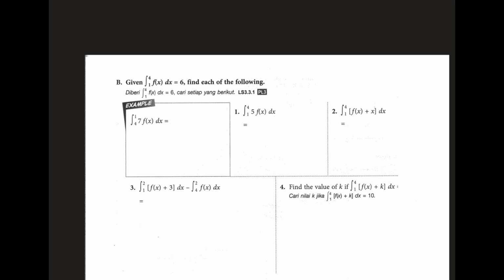Before you look at this example, I think it's good to know some basic formulas, the relevant formulas to handle this situation.